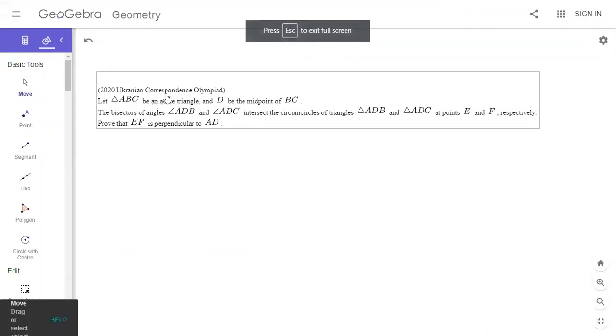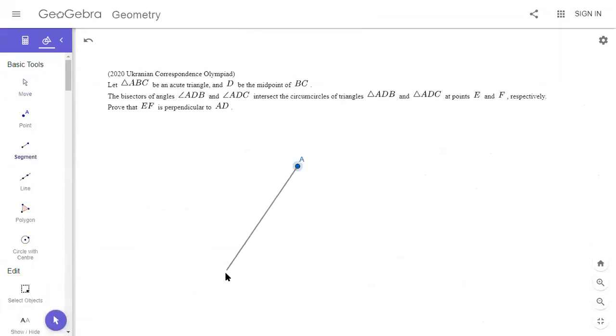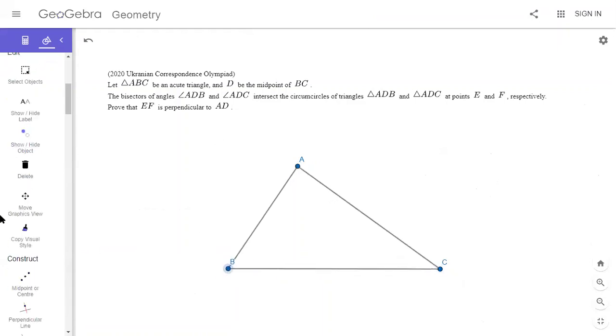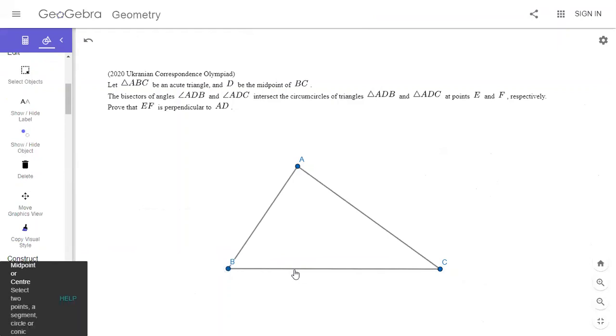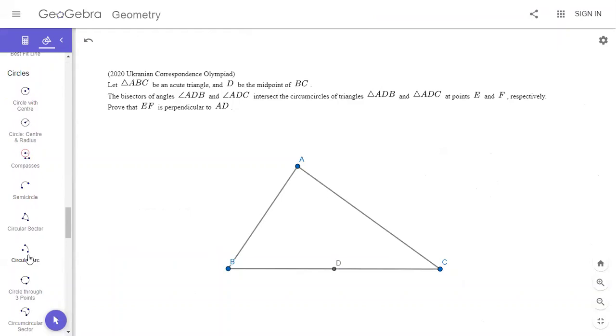So triangle ABC, D is the midpoint of BC. Let's see. The bisectors of ADB and ADC.